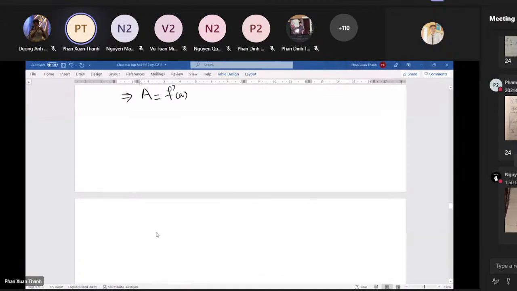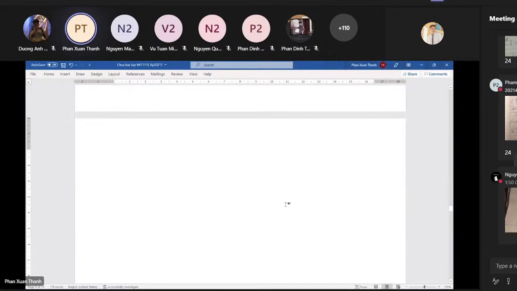So we have to distinguish between two cases: the left hand or the right hand derivative. We can denote it by f prime at a, for example, with a plus sign, or we can use a notation f prime at a plus.